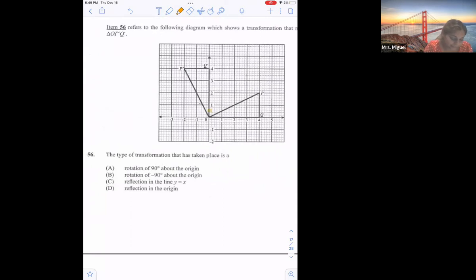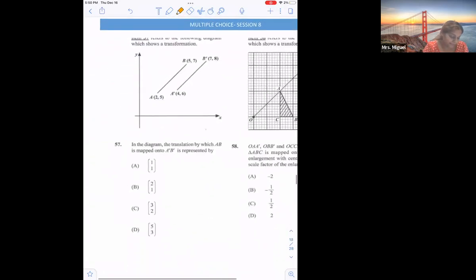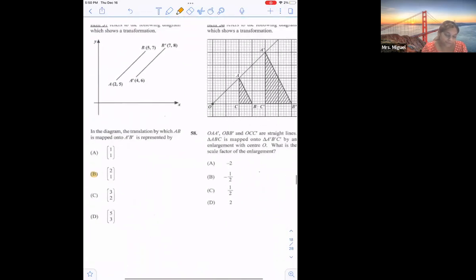Well, this is an angle here, a 90-degree angle, and this has gone in a reverse direction. So it is an anti-clockwise rotation or rotation of minus 90 degrees about the origin. 57, we did that. The answer is B. 58, we did that just now.